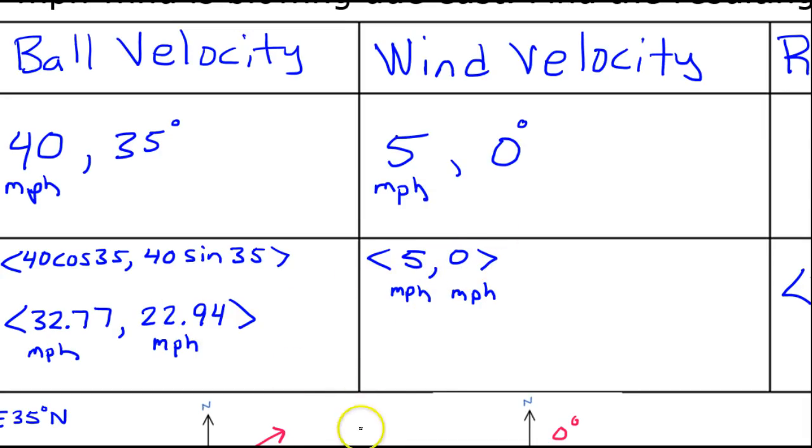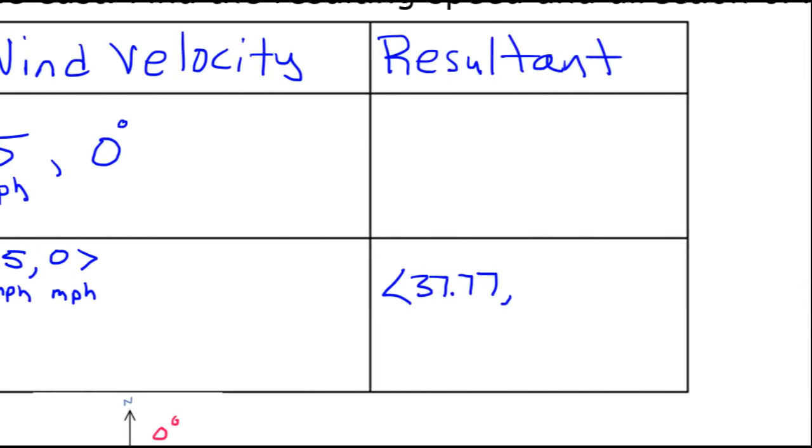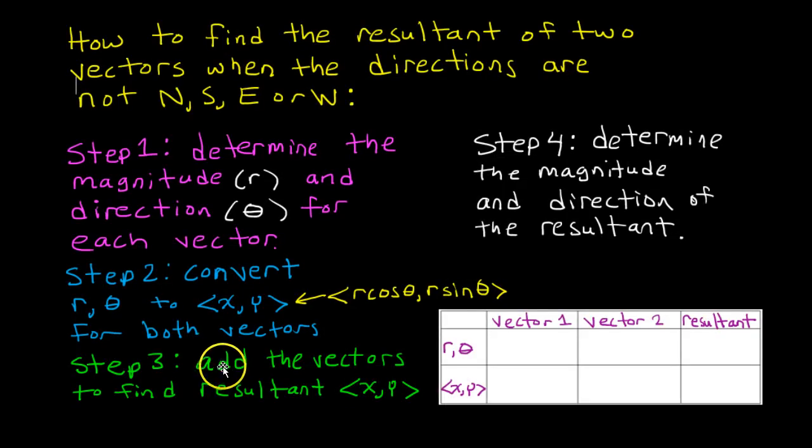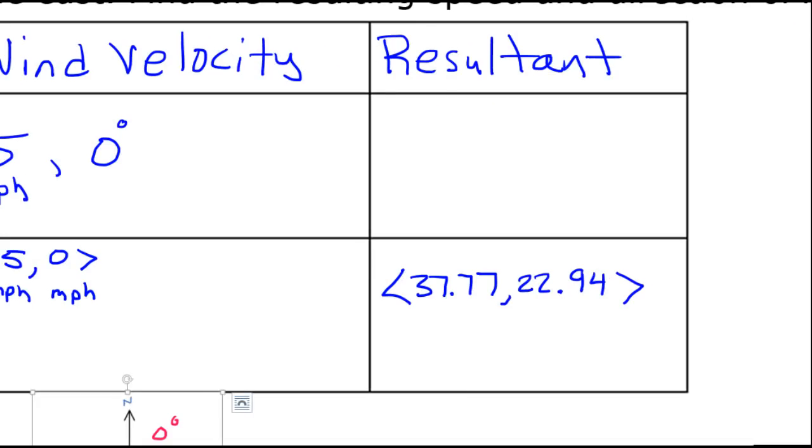So that'll just be 22.94. So that's it for step 3. We have added the vectors, and now we have the resultant vector in component form. That just leaves step 4. We need to determine the magnitude and direction of the resultant vector.